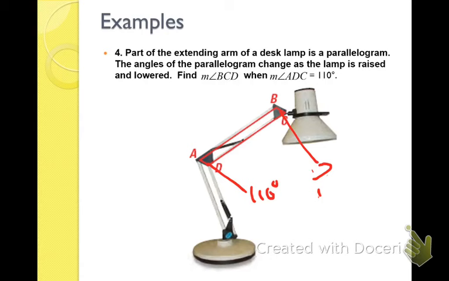So what do we know its measure is going to be? When you add them together, they're 180. 180 is a straight line. It's going to sum to 180. So if this is 110, what do I add to 110 to get 180? I add 70. So the answer would be 70.